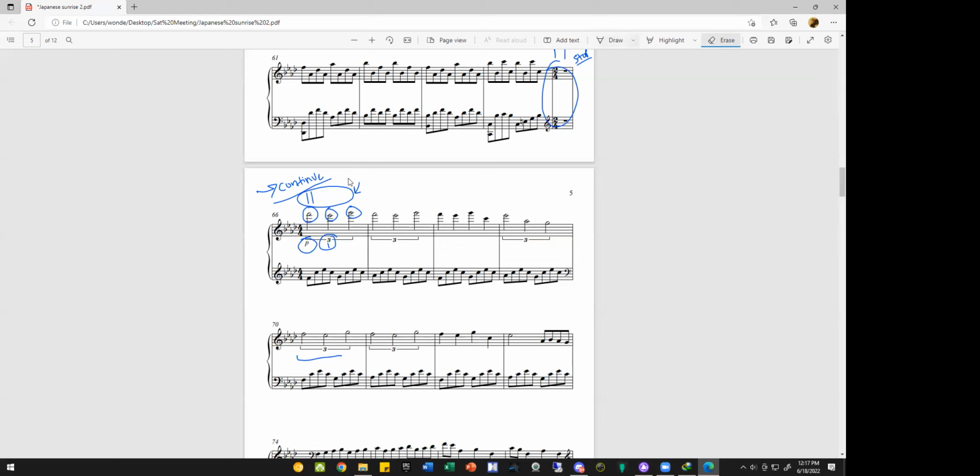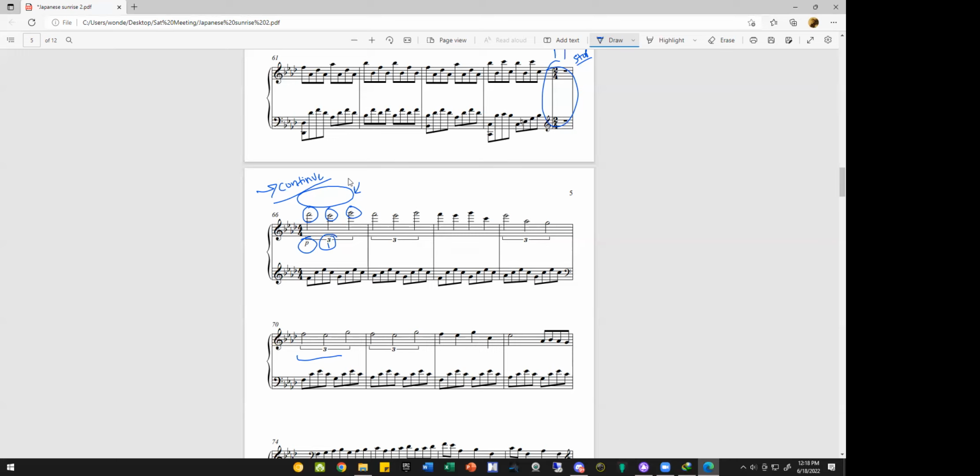Okay, and so how would I write this? How would you write it? How do you play it? Well, these are quavers, and it's a 4/4, so it depends.